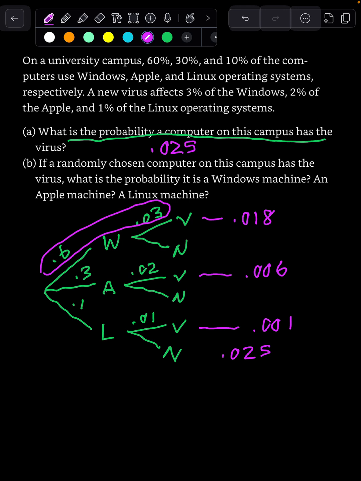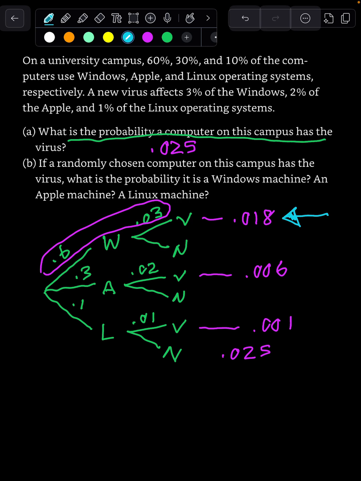Now they're saying, hey, I picked a computer and it has the virus. What's the probability that it's a Windows machine? So in other words, what is the probability that it is in this branch right there? I've picked all of these computers.